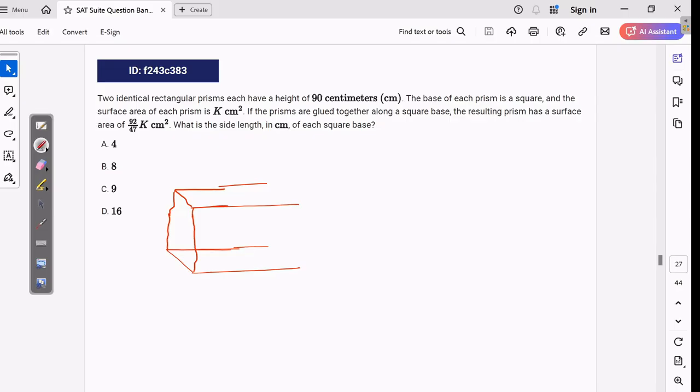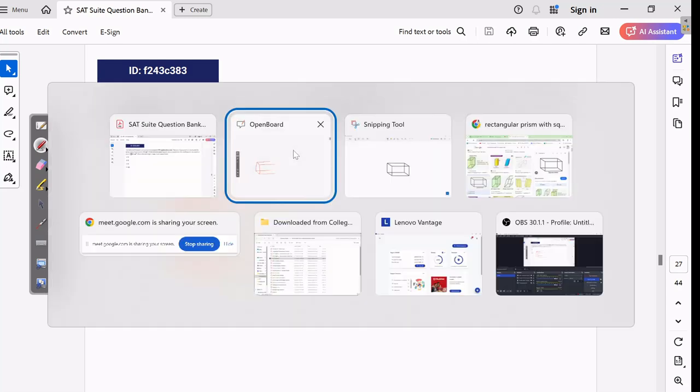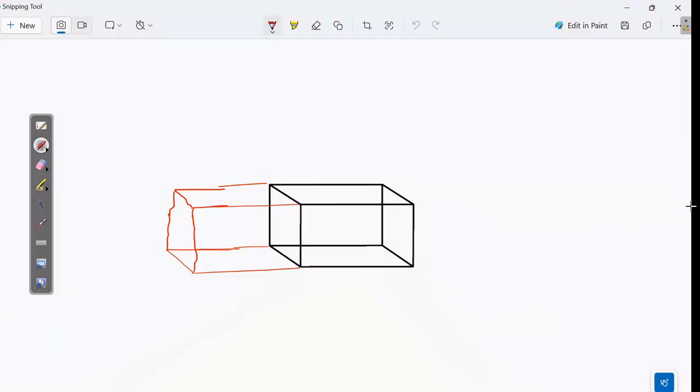Now each has a height of 90 centimeters, so we'll write that, 90 centimeters. See, you have a square base.